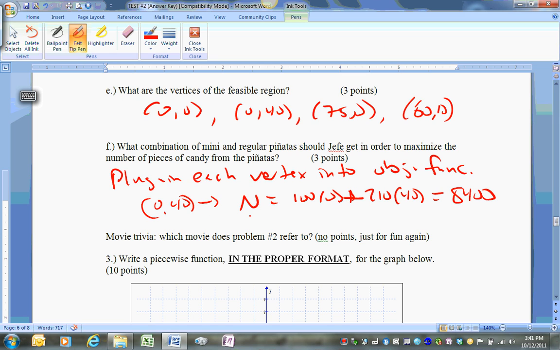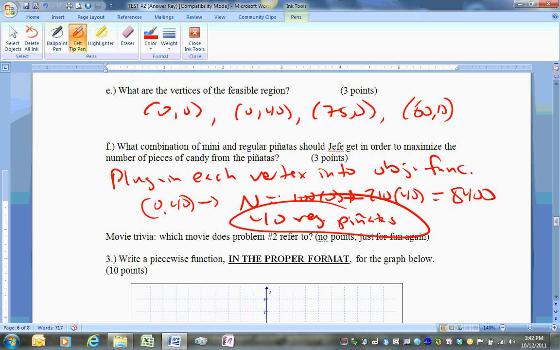So you want 40 regular piñatas. And that'd be the right way to do that problem. If you tried the other ones, they wouldn't quite get you the maximum number of candies.